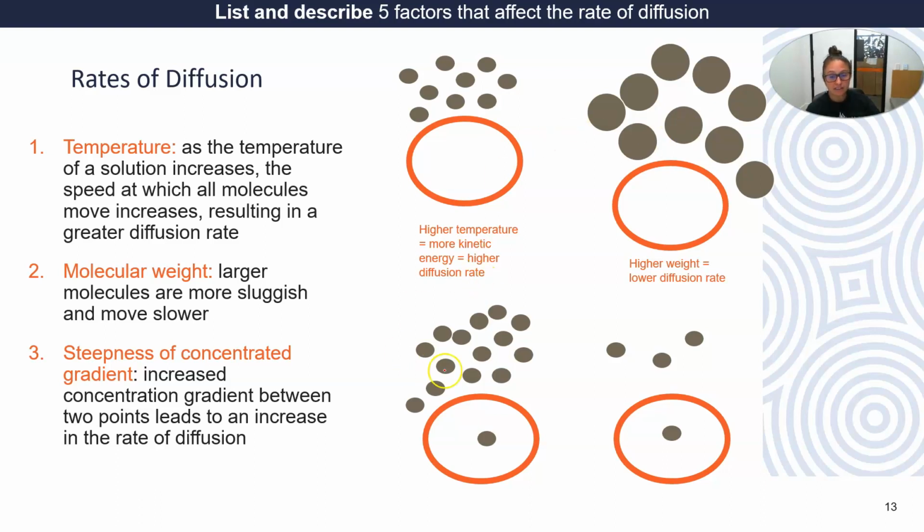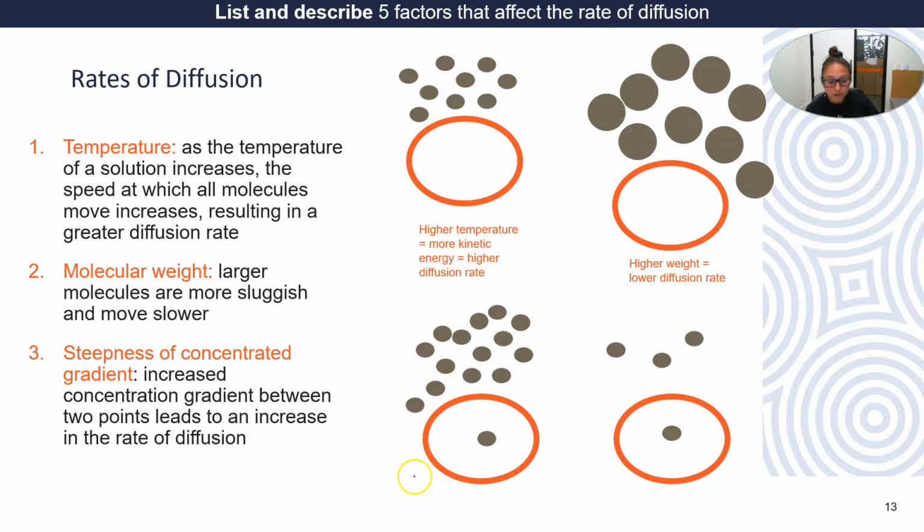Let's have a look at the steepness of the gradient. This one versus this one. Which one do you think will result in quicker diffusion across the membrane? This one, because there are more molecules. The concentration gradient is steeper.